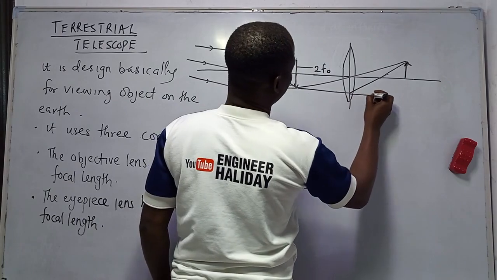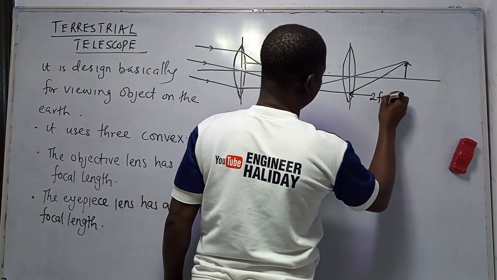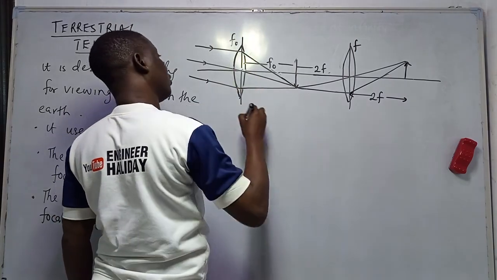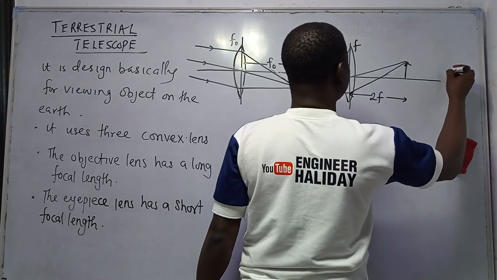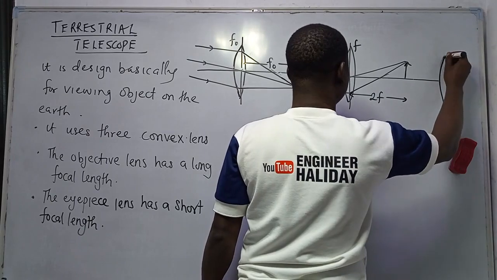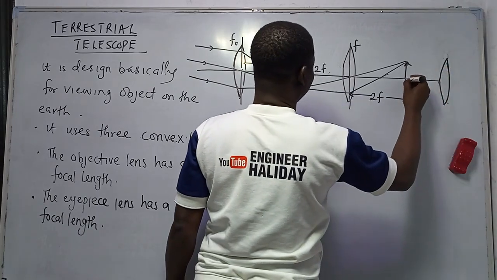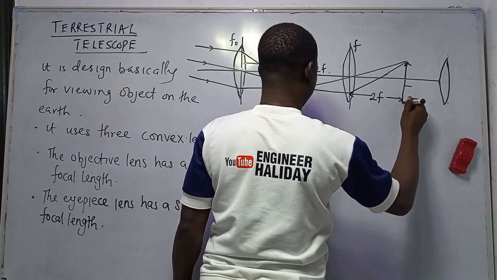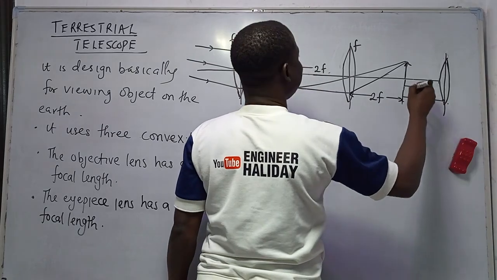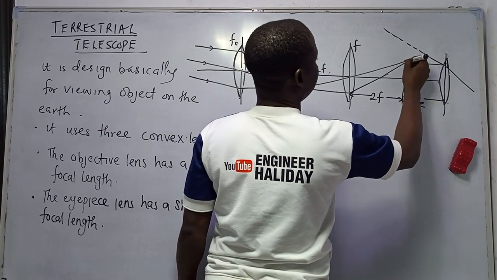So from here to this place is 2f. This one has the focal length of f naught, while the last one, which is your eyepiece lens, will be arranged to be at f naught from here, so that you can send the image to infinity.